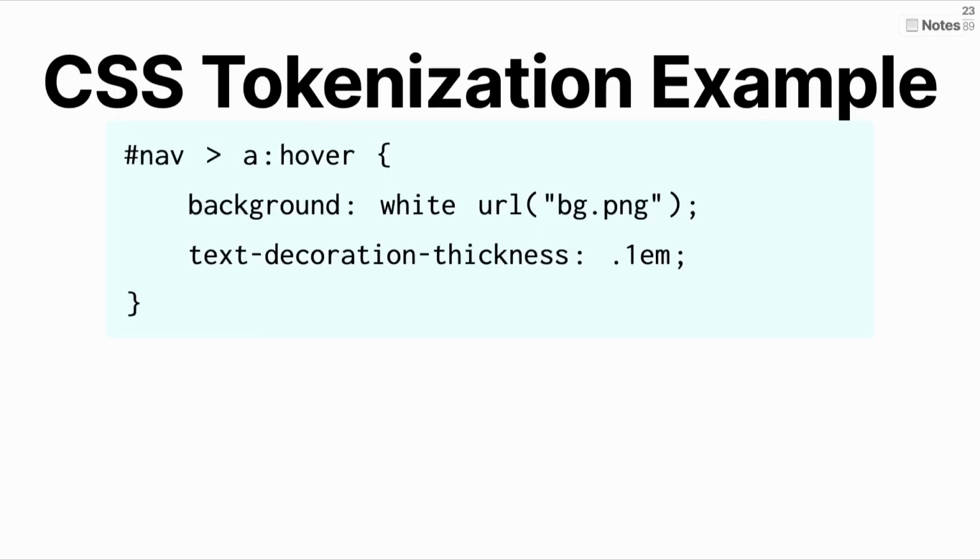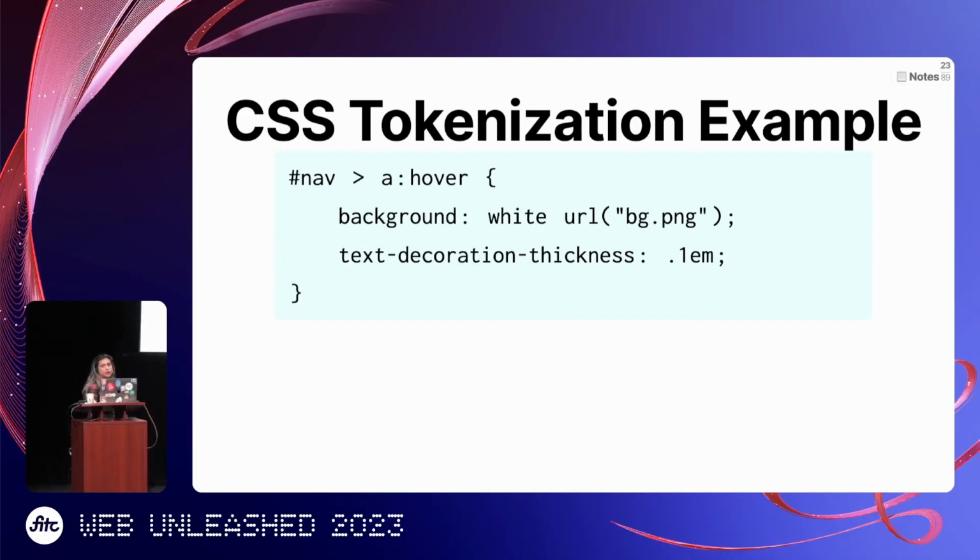So let's look at an example in practice of how CSS tokenization works. Let's suppose we have this CSS rule. There is a rule with a selector and two declarations. And so we start parsing them left to right.